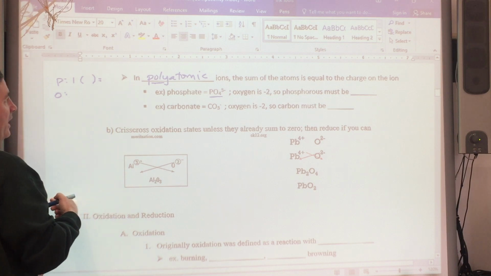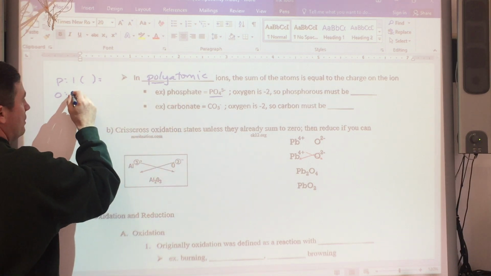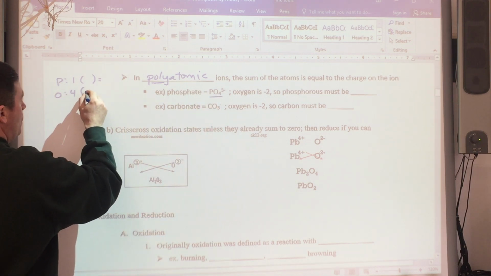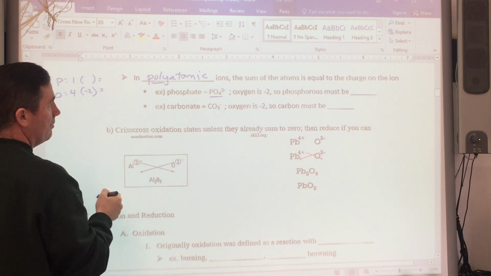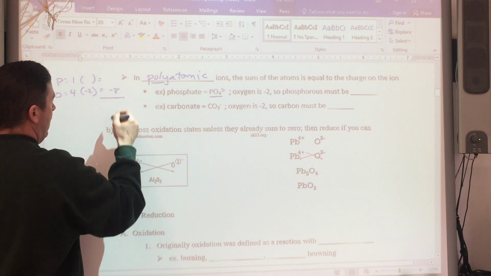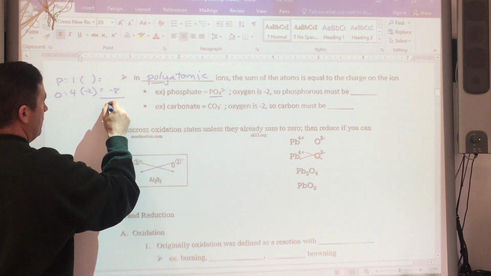That's why I'm putting a blank here in between the parentheses. Oxygen, there are 4 of them, and each one of them is a -2. So 4 times -2 is -8. And my sum has to be a -3.